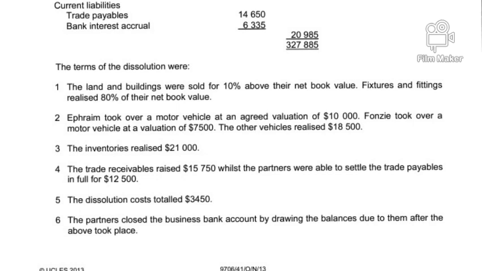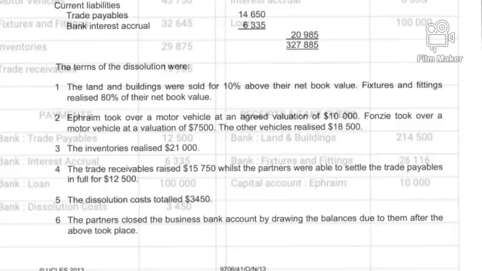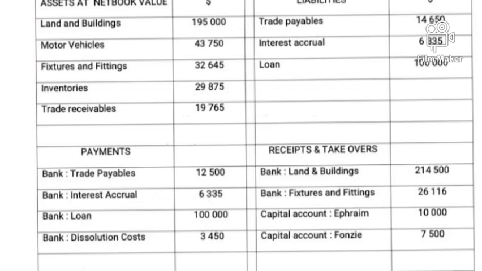Like what I mentioned before, when partners take over fixed assets or current assets, we have to credit under the heading receipts and takeovers by writing capital account, attaching it with the name of the partner. So I'm going to write capital account Ephraim 10,000, capital account Fonzi 7,500 to record their takeovers.